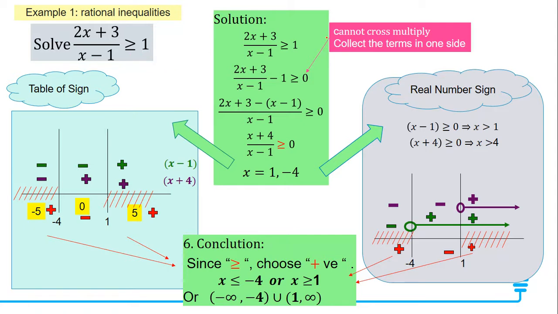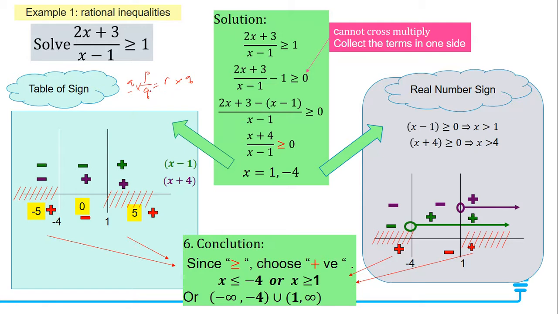Remember, we couldn't just cross multiply. Normally when we look at P over Q equals R, we always just bring Q to the other side, or we multiply by Q, so that Q disappears.